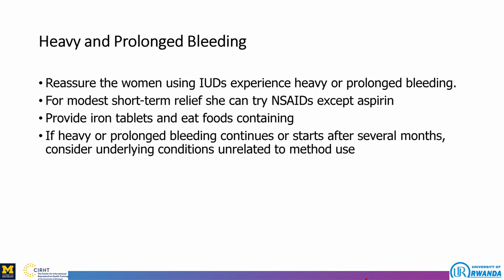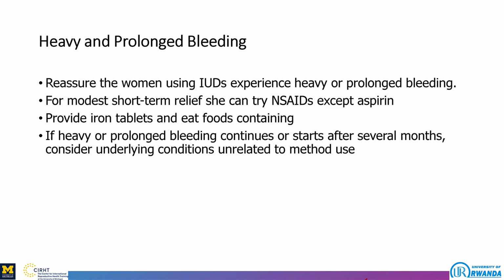So we need to reassure the client that it is normal to experience heavy or prolonged bleeding, especially within the first 3 months of insertion of the intrauterine contraceptive. So what we need to do is to use our good counseling skill properly.